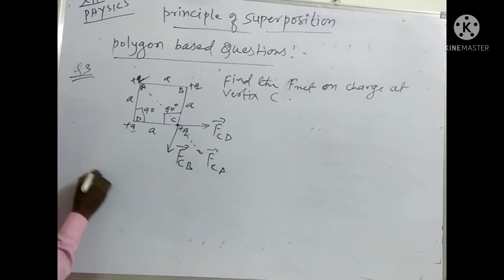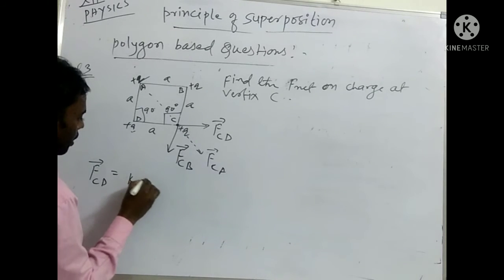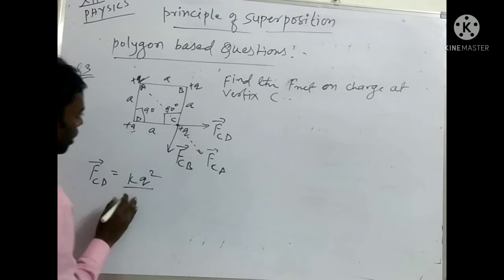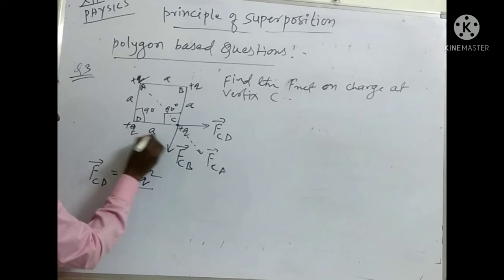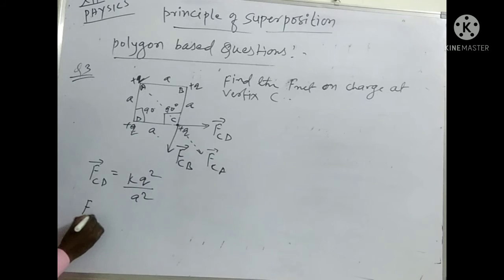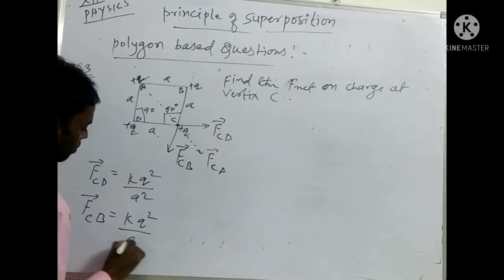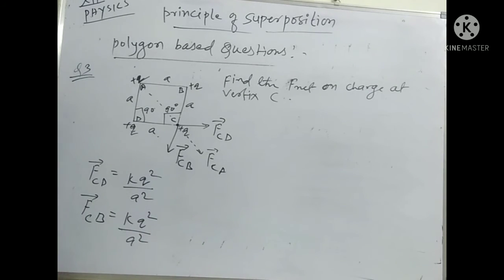Then our force on C due to D equals kQ square divided by the distance, which is a, so a square. And force on C due to B equals kQ square divided by a square.